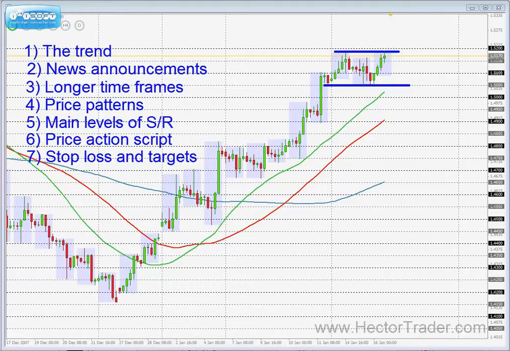I just want you to remember that before you actually pull the trigger, you must know where you will exit the trade, or at what level you are looking to bail out. Both if it goes wrong, which is your stop loss level, and if, hopefully, it goes in your direction, which is your price targets.